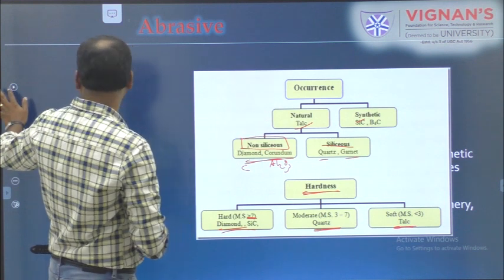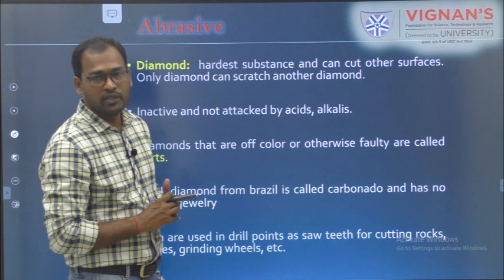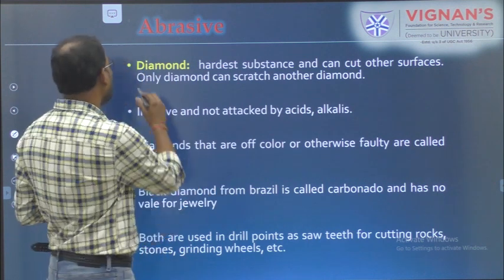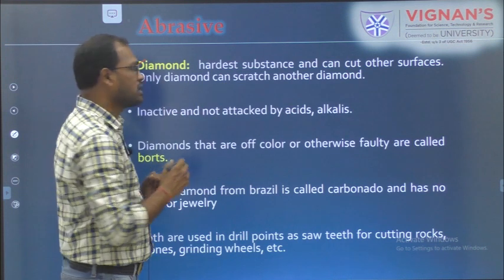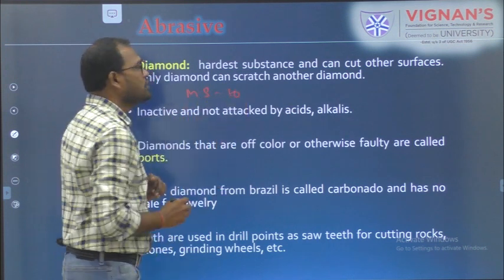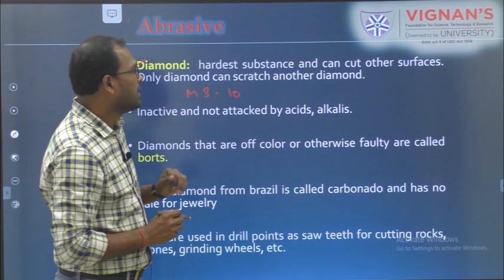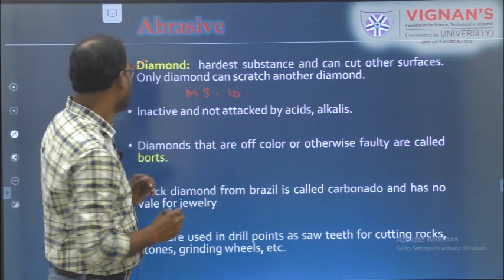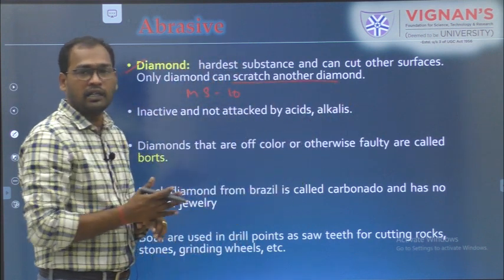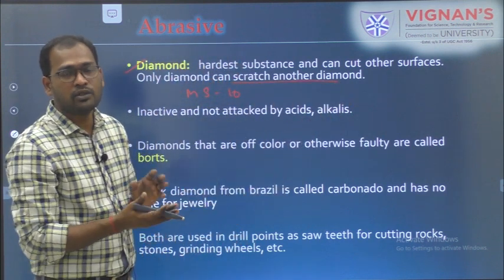Now we will go on to a few abrasives and their properties, and we will see, right. So the hardest one, the diamond, which was given the Mohs scale of 10. Okay. So it is the hardest substance, and it can cut any surfaces. Only diamond can scratch another diamond, so that much hard.